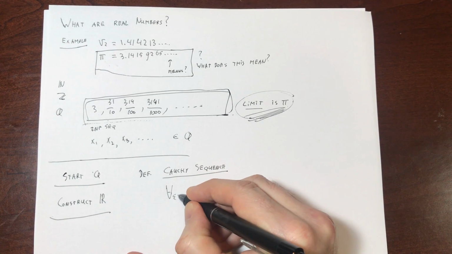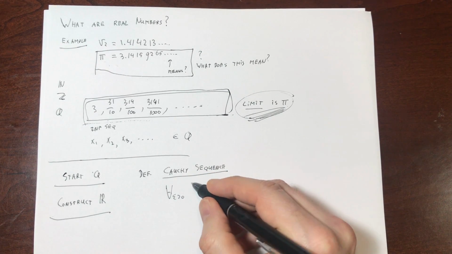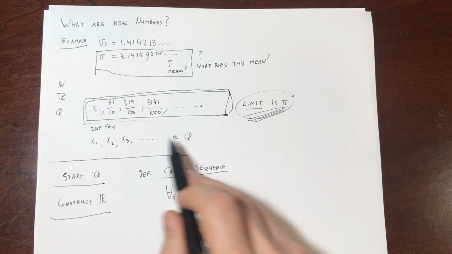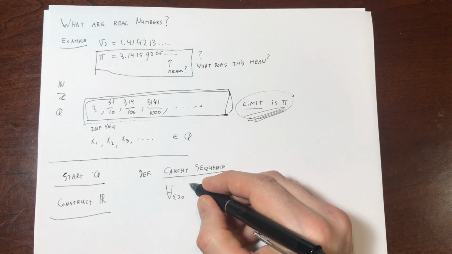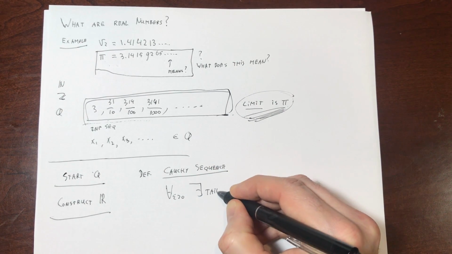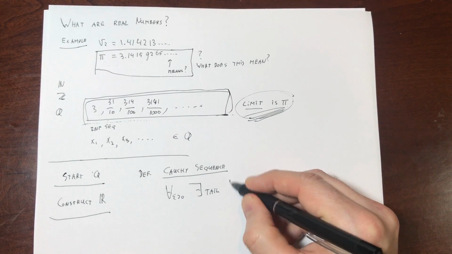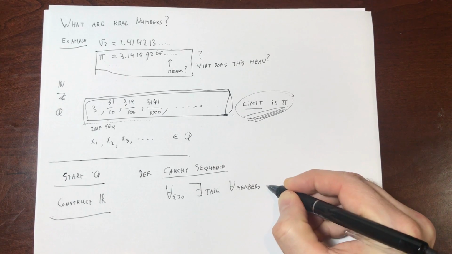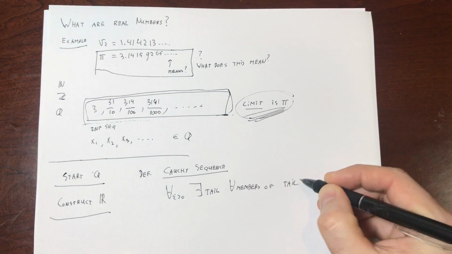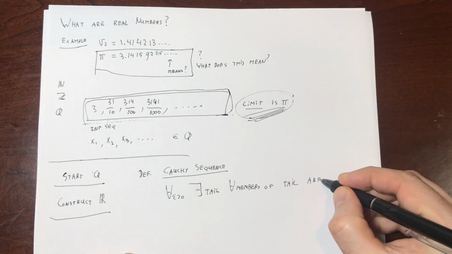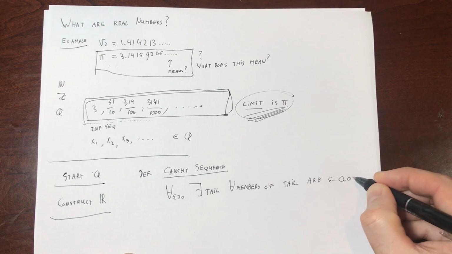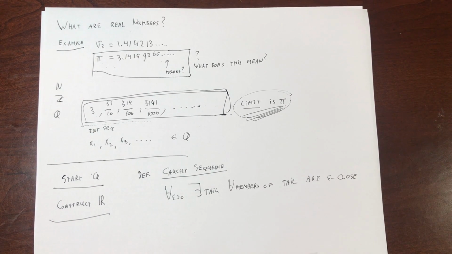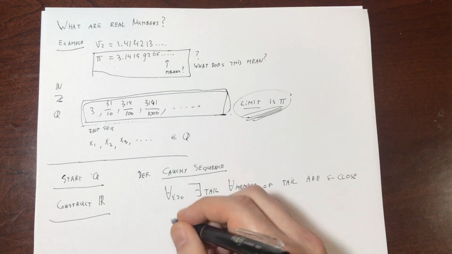For every epsilon, there is a tail such that everything in that tail is epsilon close to each other. Okay, so there is a tail of the sequence such that all members of the tail are epsilon close to each other. So if you forgot what a tail of a sequence was, I can rewrite this as follows.